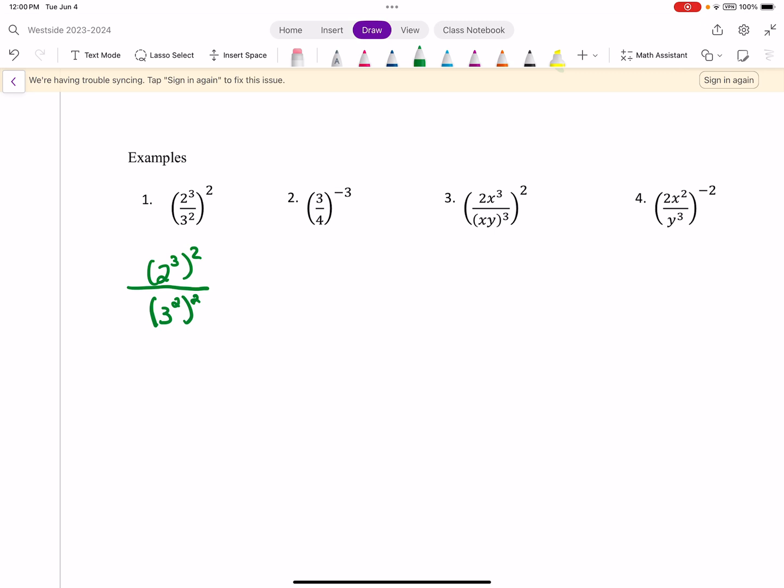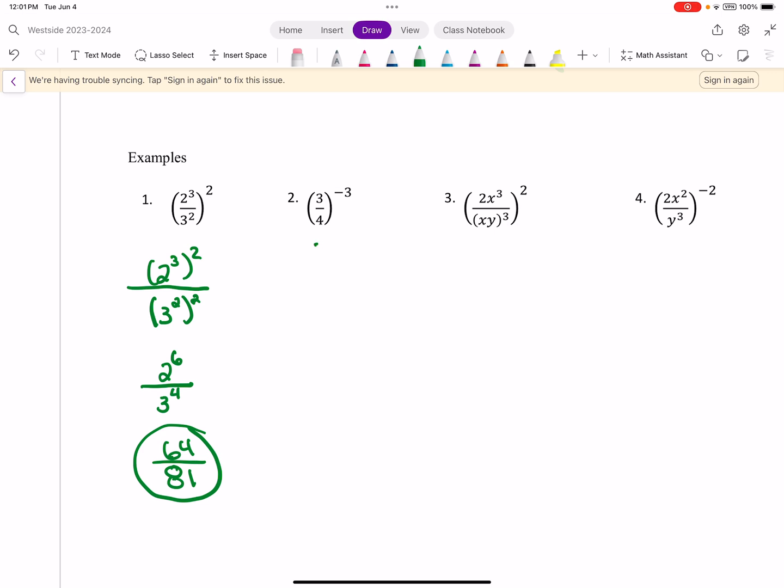So if I go ahead and simplify 2 to the 3rd squared, that would become 2 to the 6th. If I simplify 3 squared squared, that would become 3 to the 4th. I could then use my calculator. 2 to the 6th would be 64. 3 to the 4th would be 81. So my final answer would be 64 over 81.